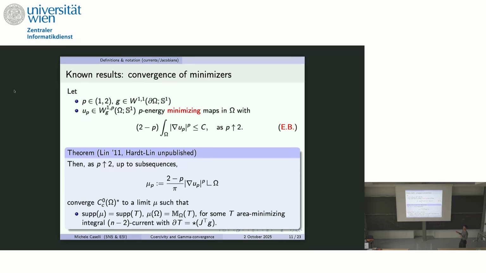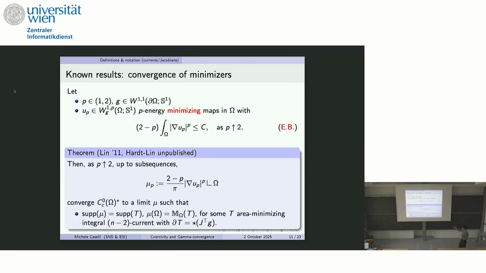As p tends to 2, and up to subsequences, the normalized energy densities, so (2-p) times the gradient of u_p to the p over pi, converge in duality with C0 to a limit measure. The fact that they converge to a limit measure is just that this has bounded mass, by my energy bound condition. Also, this is important: I will refer to this energy condition as the energy bound for the entire talk.